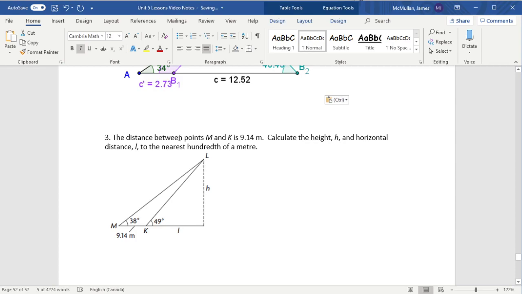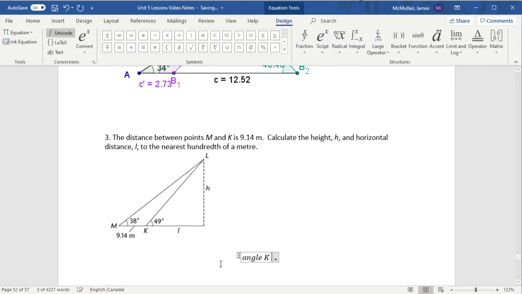Okay, the distance between points M and K is 9.14. Calculate the height and the horizontal distance L to the nearest hundredth of a meter. Alright, so again, just looking in our triangle, angle K inside the triangle would be 180 minus 49, which would be 131.